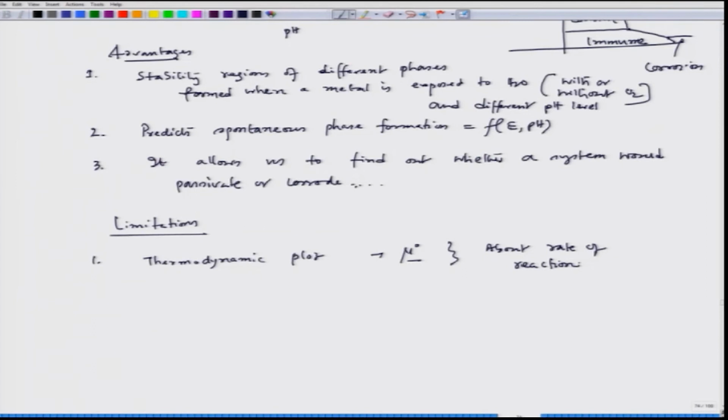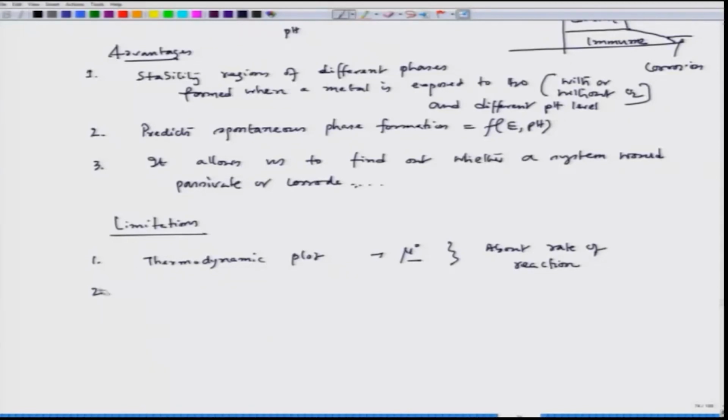So, we will not be able to tell what the corrosion rate could be if I am in the corrosion zone. The corrosion zone can tell me that yes, there will be corrosion, but we will not be able to tell the rate at which the corrosion is taking place. And many times the rate becomes crucial even if there is spontaneity. So, we have spontaneity because it is in the corrosion zone, but the rate may be very slow. So, we might say that the corrosion is very, very low.